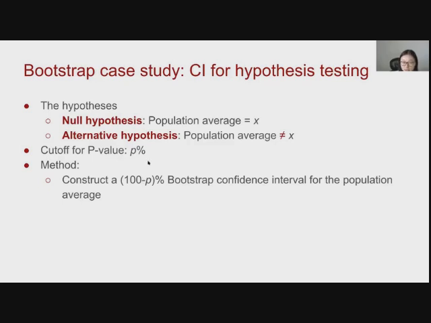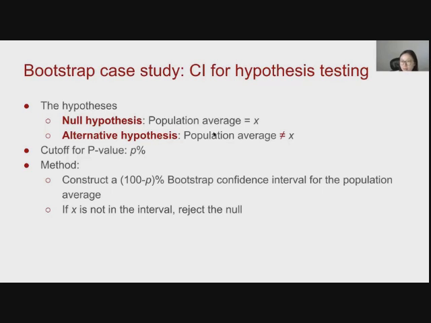So this is the first step, to construct the confidence interval in the first place. Even though you're not going to use the p-value to do your hypothesis testing, you still need to know the cutoff point for the p-value that you want to achieve. Once you know that value, you know the confidence level of the confidence interval that you're doing. Then the decision process goes this way.